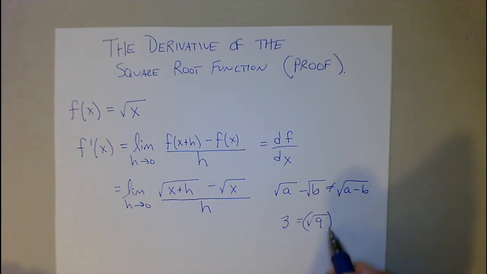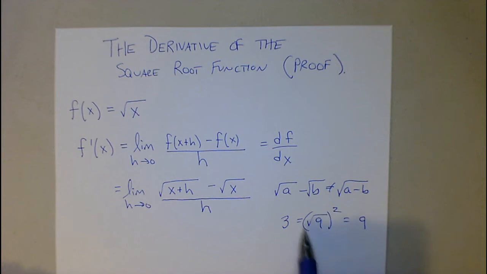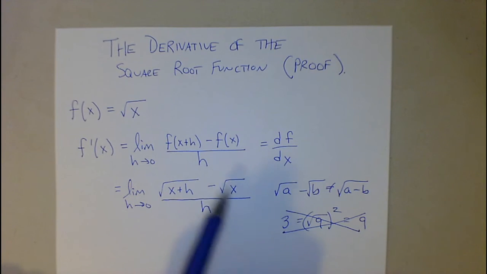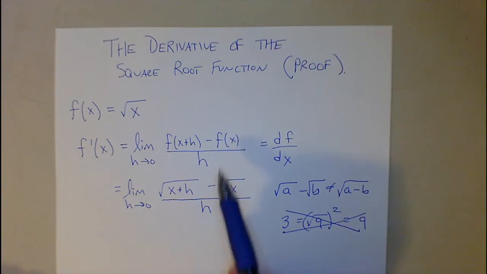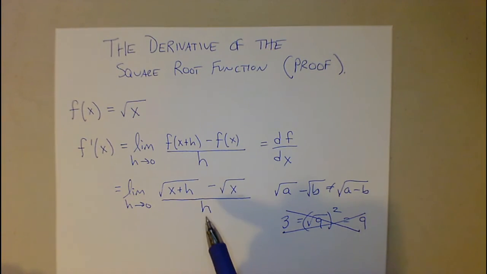But then if I all of a sudden just squared that for some reason, then that would be 9, because the square root and the square cancel one another. So all of a sudden 3 equals 9. If I have $3 in my pocket, that can't possibly also equal $9. I would like for it to, but it can't. So you cannot just square expressions willy-nilly like this. It just doesn't work. What we're doing is taking an expression and simplifying it. We are rewriting it to have the same value, but just look different.